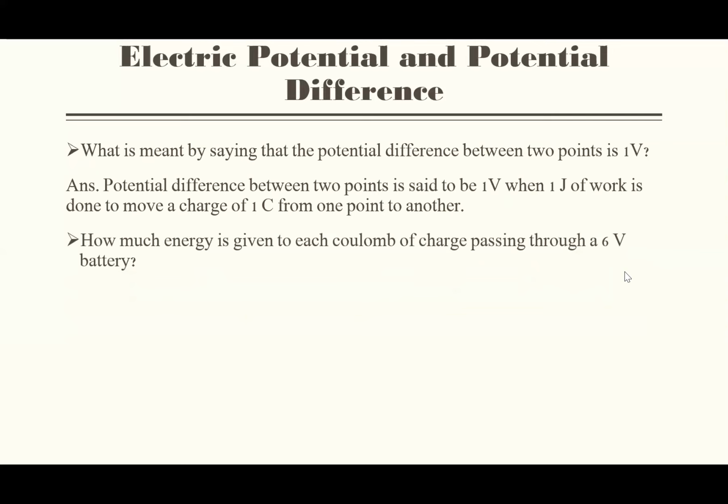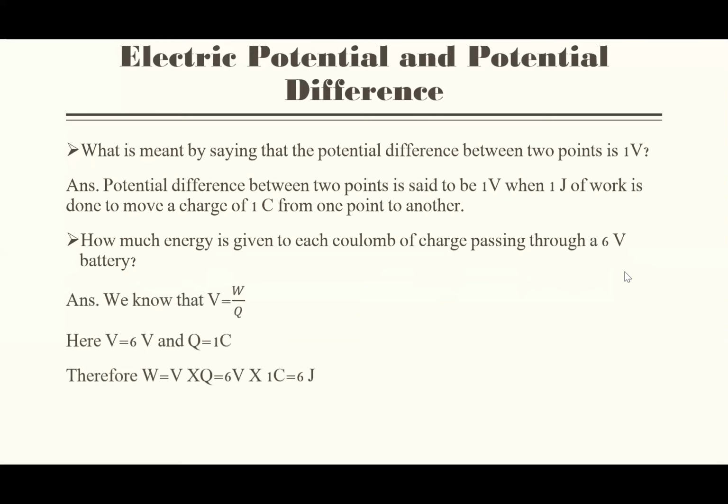How much energy is given to each coulomb of charge passing through a 6 volt battery? So we know that V is equal to W by Q. You are given V to be 6 volt and Q to be 1 coulomb. Therefore, W will be 6 into 1, that is 6 joules.